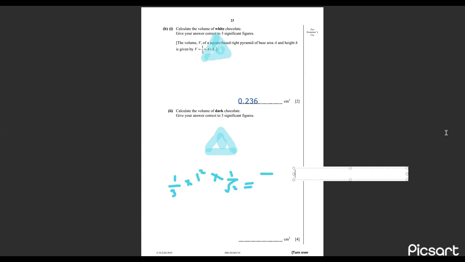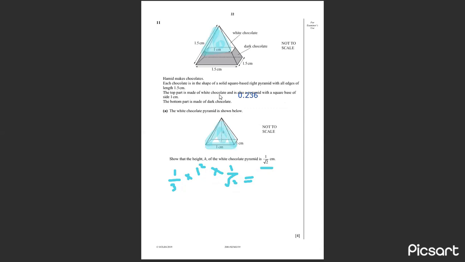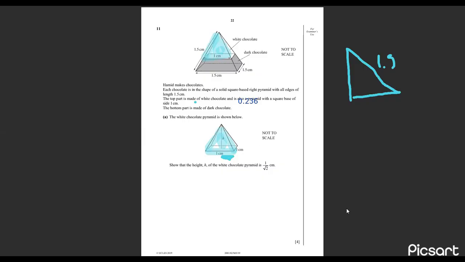Okay, calculate the volume of the dark chocolate, giving the answer to 3 SF. For the dark chocolate, we get the whole volume: a third multiplied by the area of the base, multiplied by the height. So we have to get the height, and in the same way we're going to get the root. We have a pyramid with a square base. This square is 1.5 by 1.5 and has diagonals.